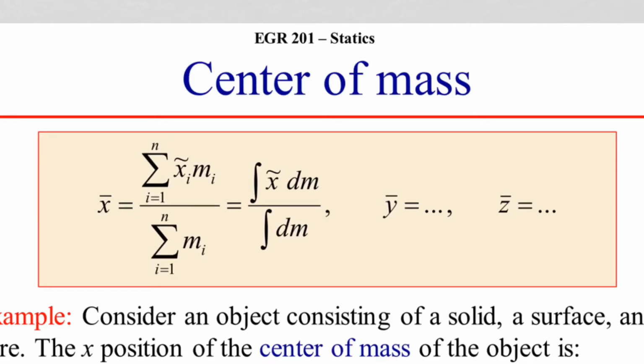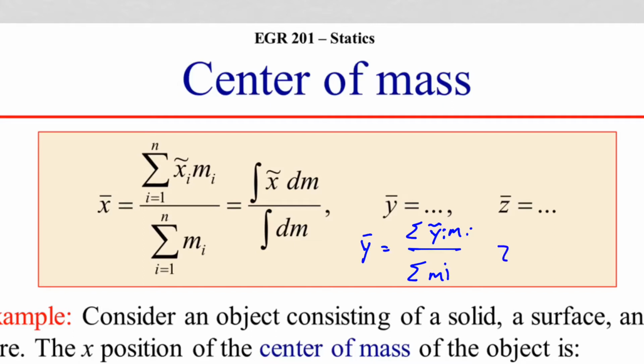Likewise, for y bar and z bar, y bar, of course, would be the sum of the y tildes times their individual masses divided by, again, the sum of all of the masses of the object.